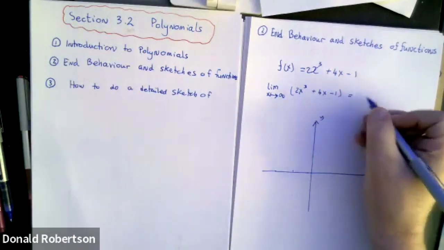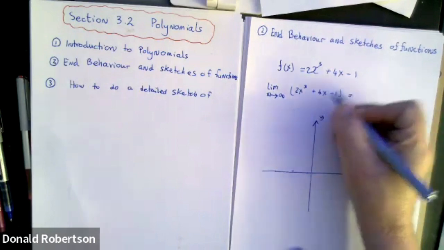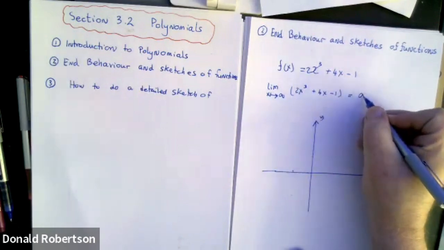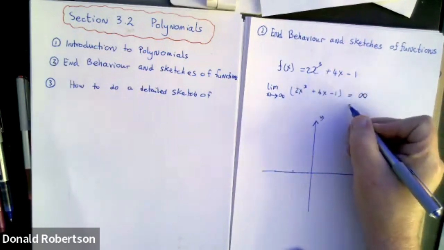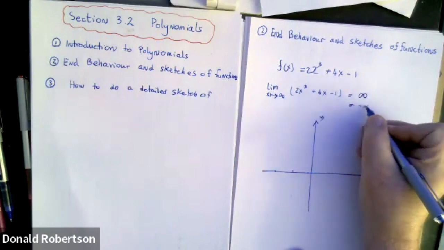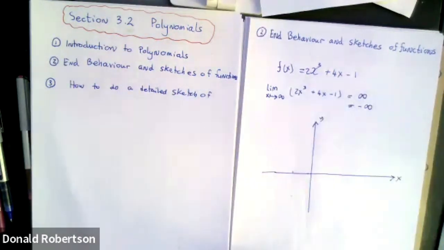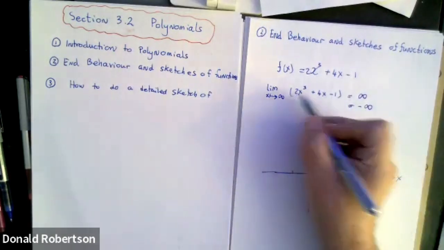And the answers that you can typically get from a polynomial, at least, is infinity, or you can get negative infinity. So it's a pretty 50-50 chance of what it's going to be like. So how do we do it?